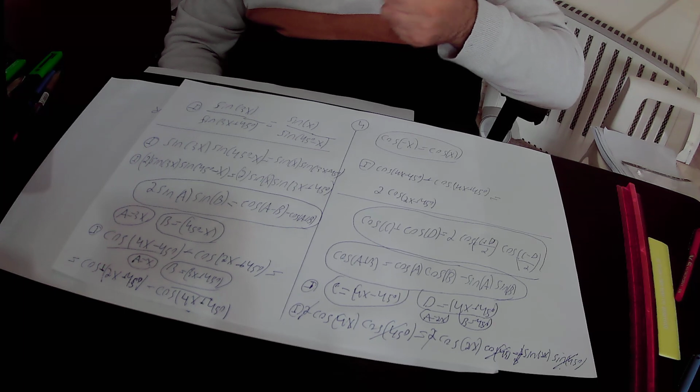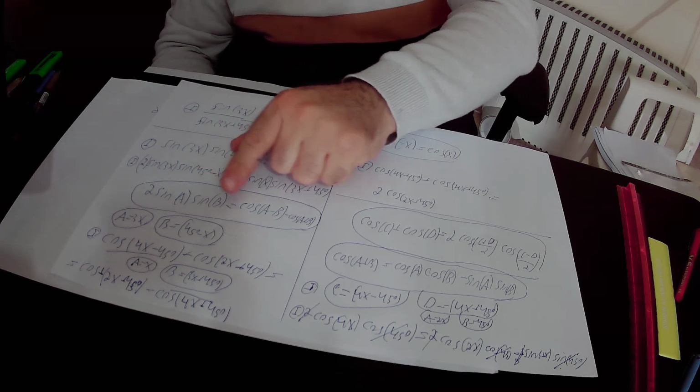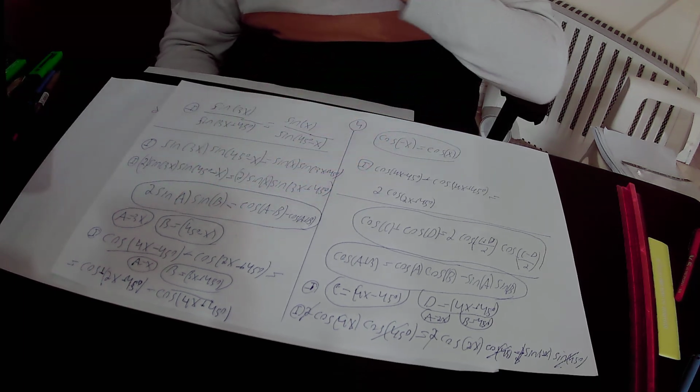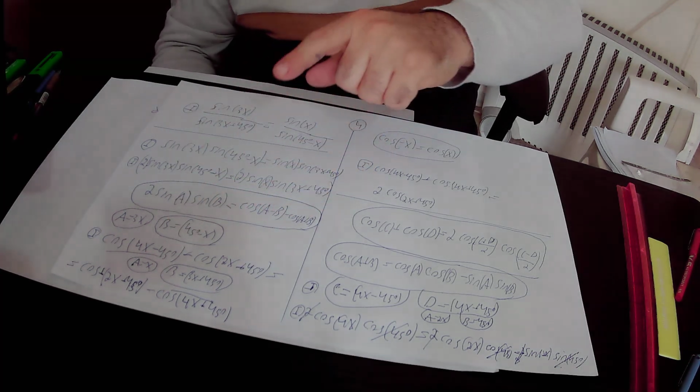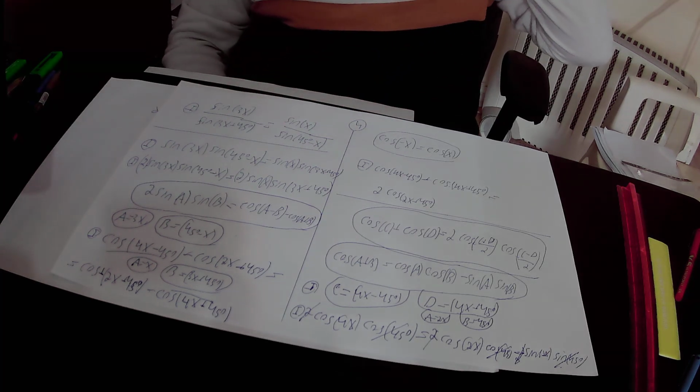So A minus B is 3x minus x, which is 4x, and 0 minus 45 degrees is minus 45 degrees. So we got here cosine of 4x minus 45 degrees.